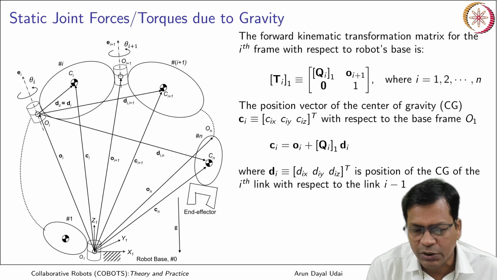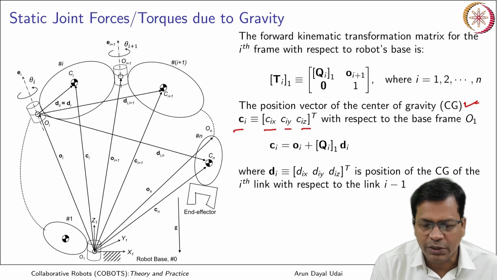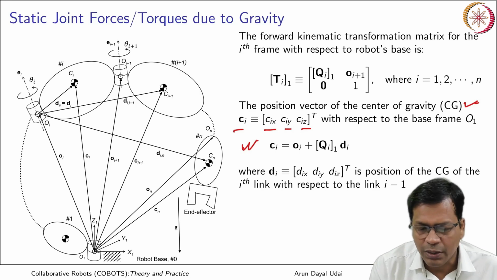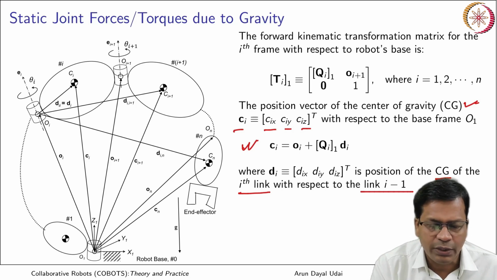Next is the position vector of the center of gravity Ci, with components Cix, Ciy, Ciz, with respect to the base frame, calculated using this. How? You already know di, with components dix, diy, diz, the position of the center of gravity of the ith link with respect to link i minus 1. You already know this vector because the link CAD geometry is well known.